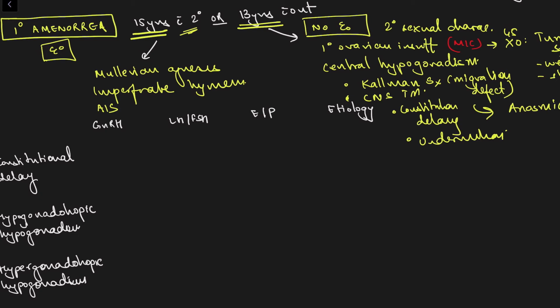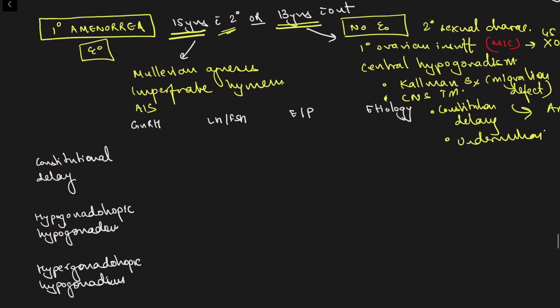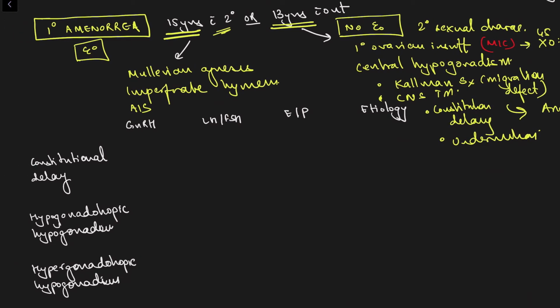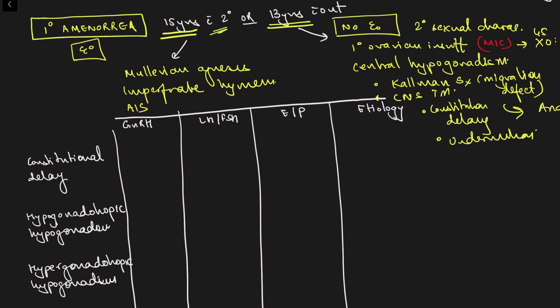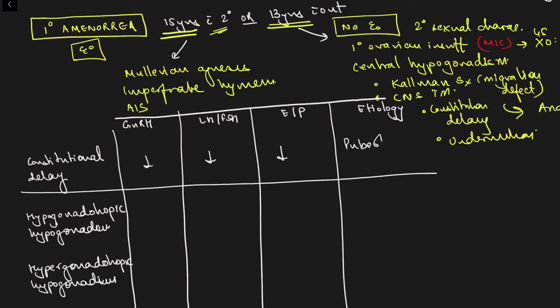So we have the hormones GnRH, LH, FSH, estrogen, progesterone. First, in constitutional delay, everything will be low, and the reason is that puberty has not started.